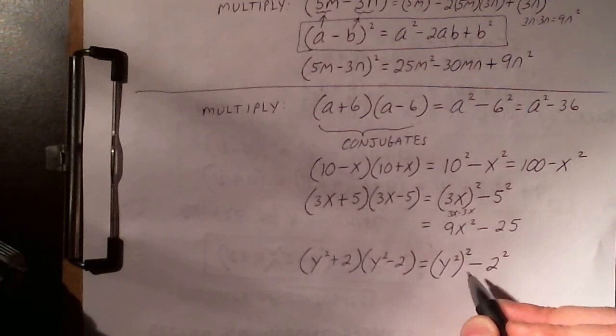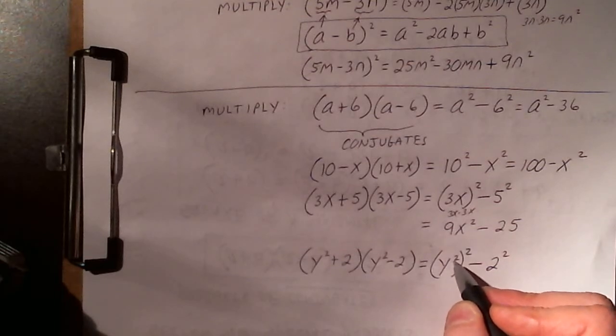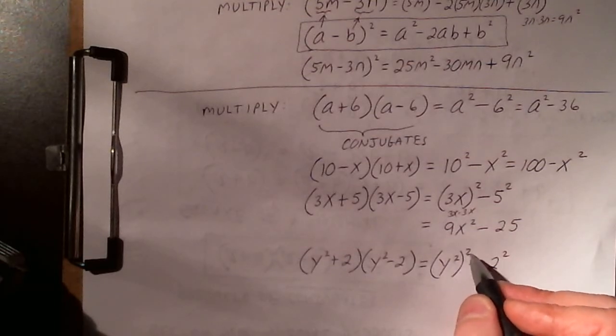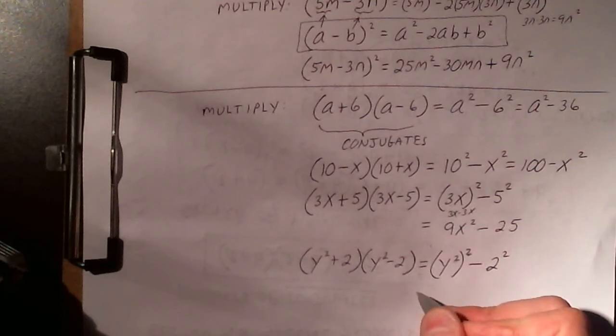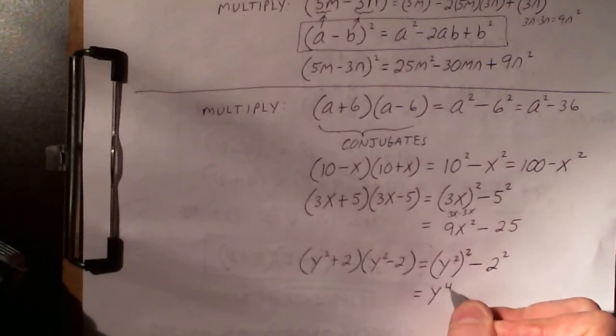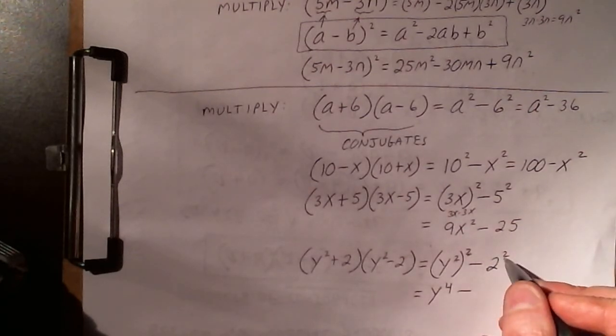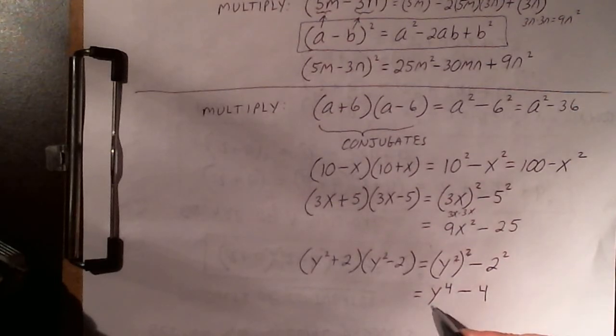Recall from previous work with rules of exponents, when we raise a power to a power, we multiply the exponents. So y squared squared is y to the 2 times 2 power, or y to the 4th power. And 2 squared is 2 times 2, or 4. And so this would be the product of these conjugate binomials.